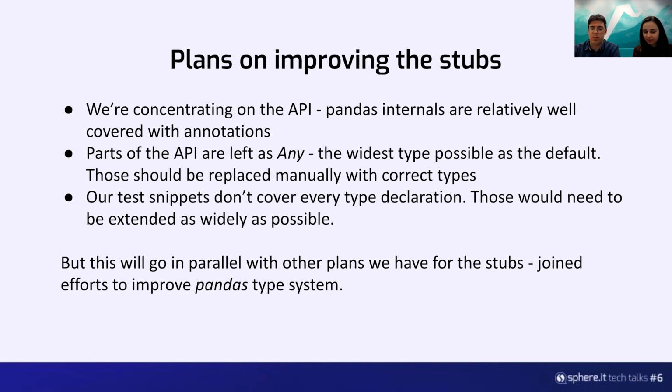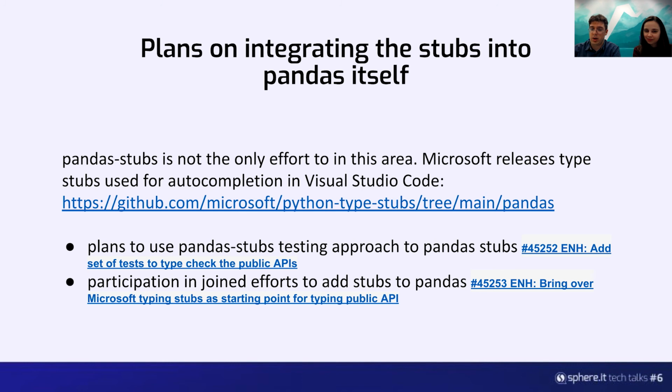However, there is a parallel plan we have for pandas-stubs, and let me talk a bit about that. We have been in talks with the pandas core development team about using our work and the work of our contributors to improve pandas itself.